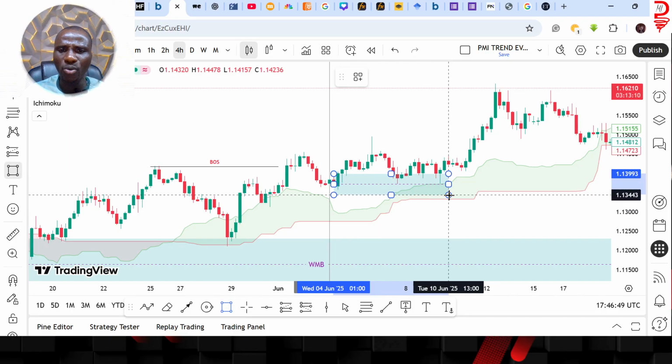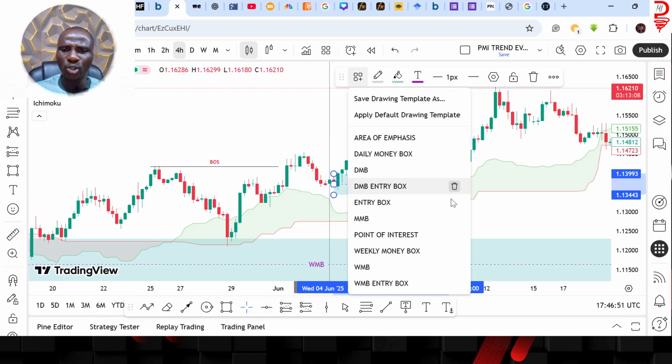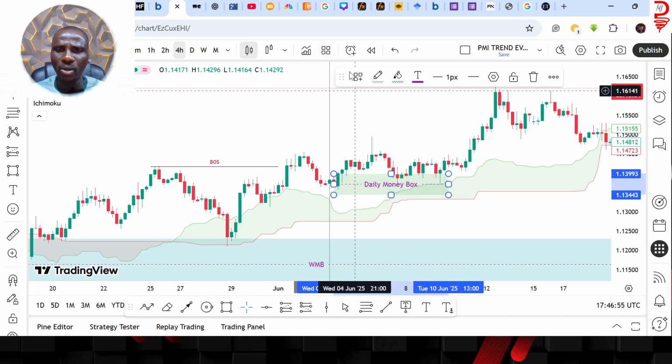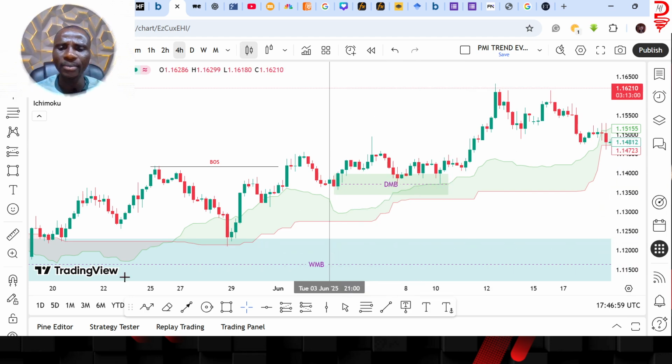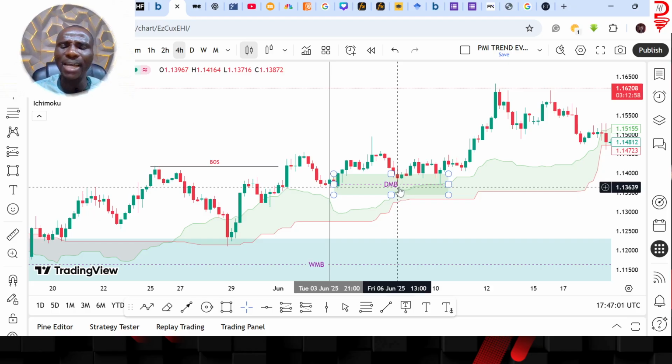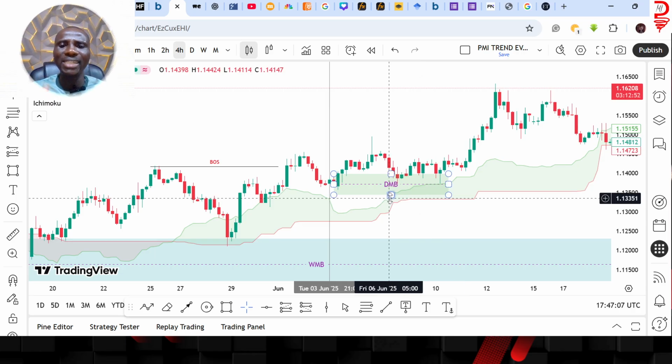This engulfing move is what will form your money box. We call it the daily money box, or for short, you can say DMB. This DMB is your area of interest, just like I explained in the case of the weekly impulsive wave.